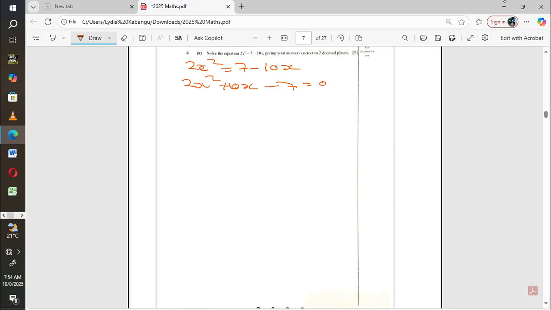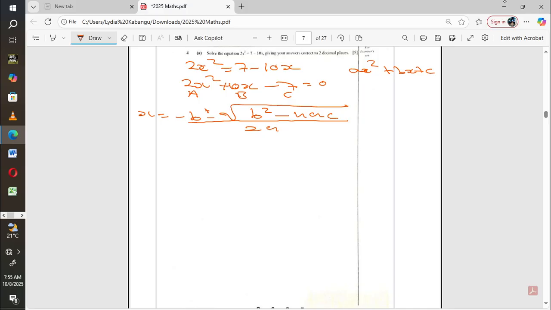So I just want to make it look in this form: ax squared plus bx plus c, so that we can use a quadratic equation from there. So this one becomes our a, this one becomes our b, this one becomes our c. So meaning quadratic equation, we're going to have x equals to negative b positive or minus the square root of b squared minus 4ac over 2a.